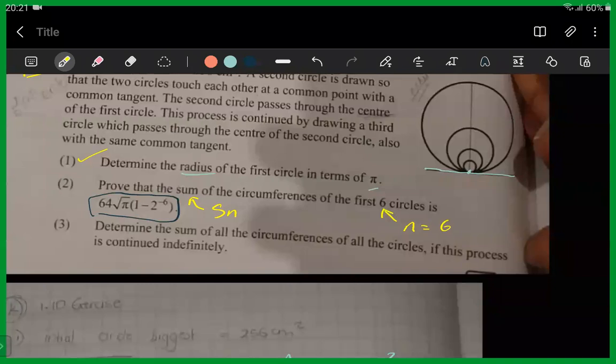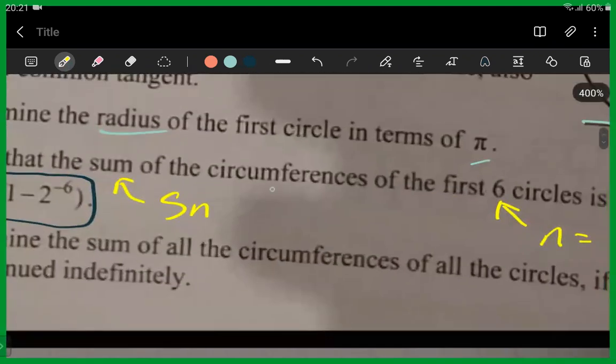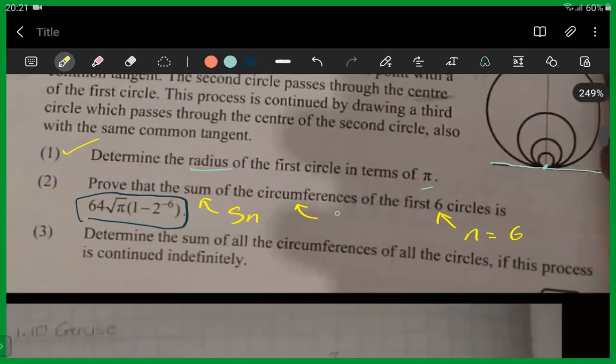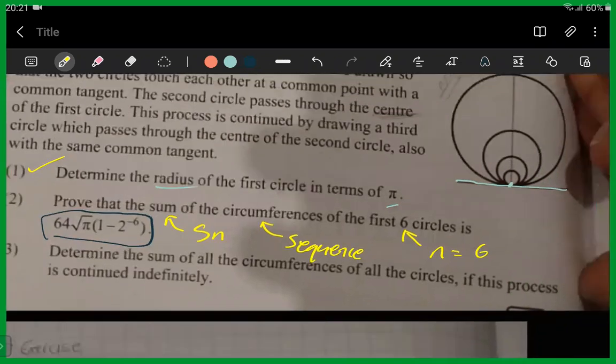Answering that question, you need to keep in mind that if they're asking you to prove that the sum of the circumferences of the first 6 circles is equal to this, it means your sequence has to have the circumferences of these different circles.